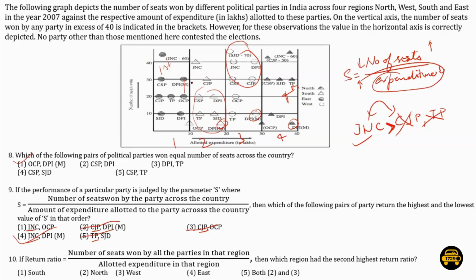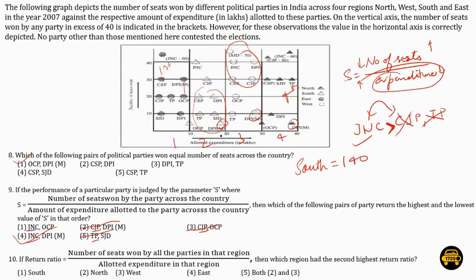So let's just write it down. This is South. So for South, the total number of seats is 70 plus 90, 110, okay, 120, 130, 140, approximately 140.